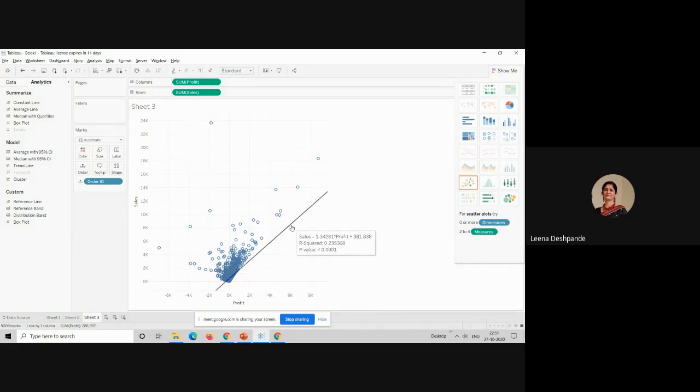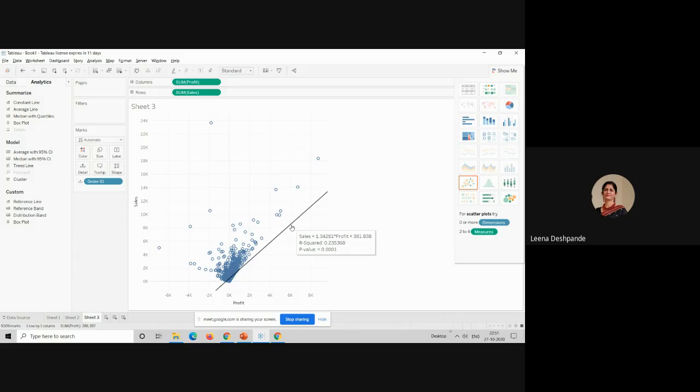Just by selecting linear, I'm able to get the linear best fit line for this. If you move the cursor here, I'm going to get some equation. What is a linear pattern? You are going to get y equal to mx plus c. Profit is your independent variable, sales is your dependent variable.